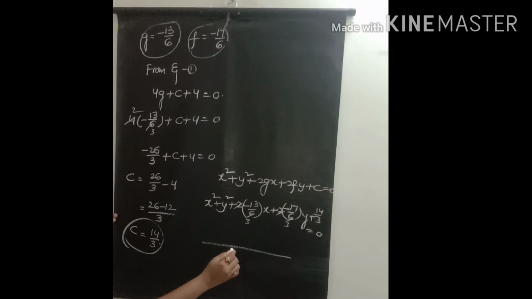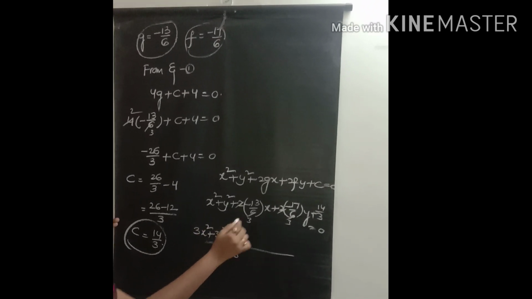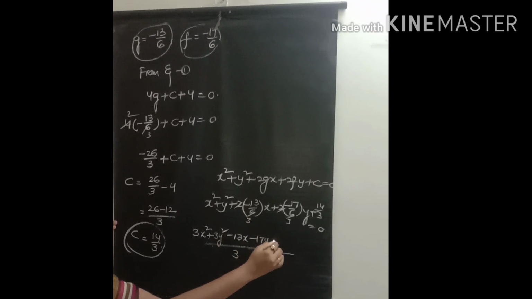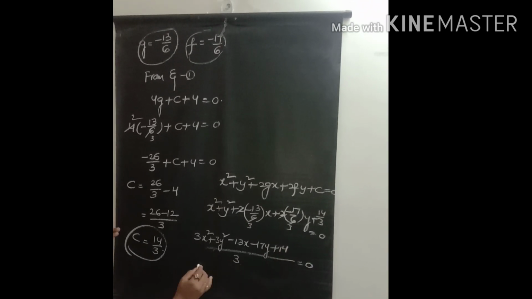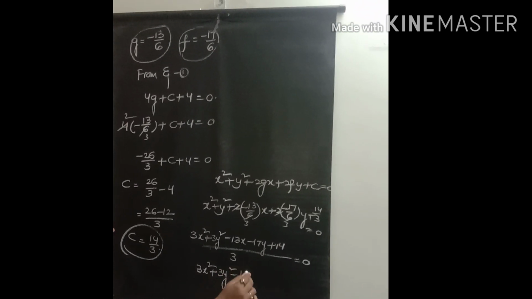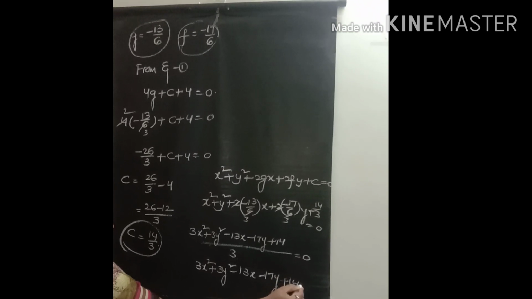Now taking 3 as LCM, 3x square plus 3y square minus 13x minus 17y plus 14 is equal to 0. Now 0 into 3 becomes 0. Therefore the equation of the circle is 3x square plus 3y square minus 13x minus 17y plus 14 is equal to 0.